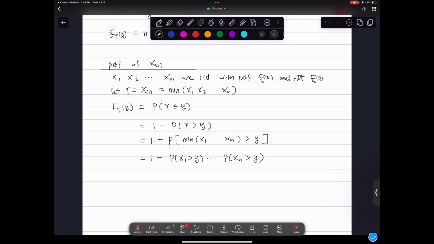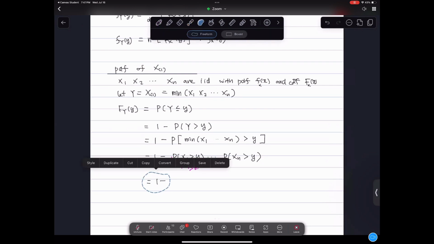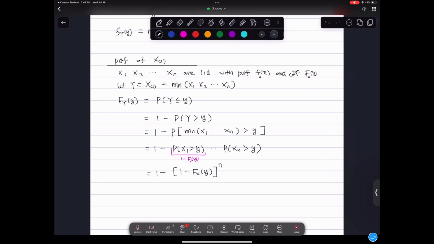So therefore, this is 1 minus F of y for the X random variable. So now I'm getting, let's get this a little lower. It is 1 minus F of y for the X random variable, and we have n of those, to the power of n. So that's my CDF. So I want to get my PDF.